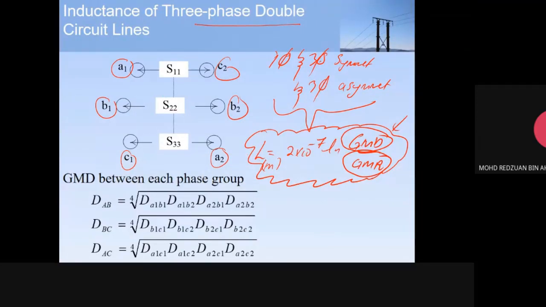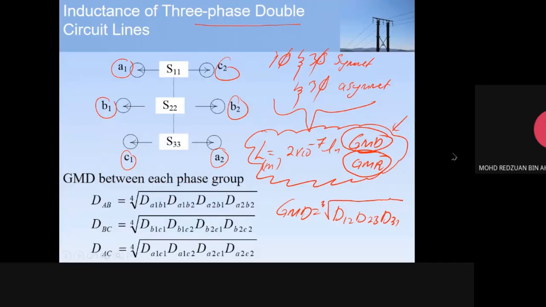Now, how to calculate GMD? As we know, GMD for the three-phase single circuit is, let's say, D12, D23, and D31. And this is GMD.